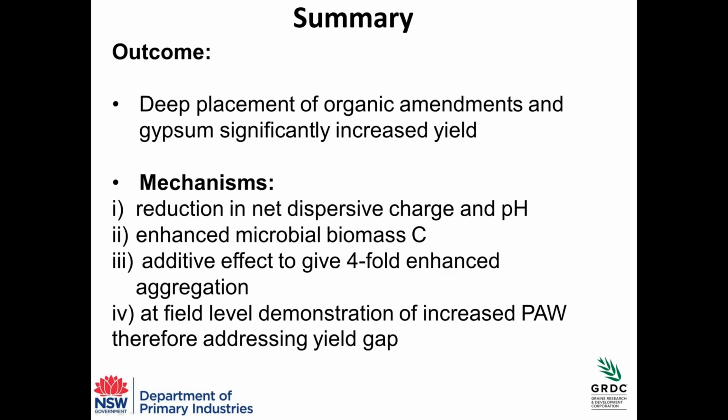So what we are trying to achieve in this project is, can we design a cost-effective amendment? Of course, gypsum, if we have a source of gypsum that is going to work in the subsoil, could be one of the cheapest options. Can we use just an agricultural waste, for example, a farm-grown biomass, pelletize it and put it back into the subsoil? Those sorts of options are the cheapest and most cost effective.